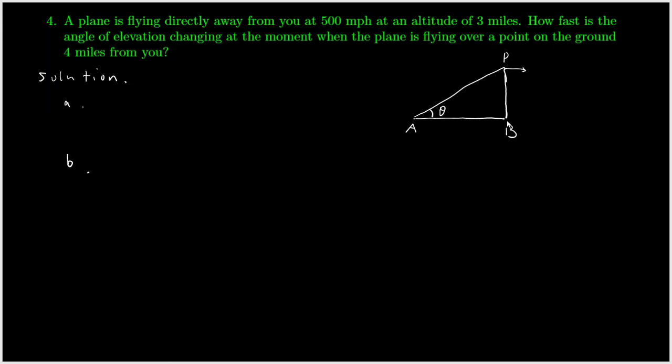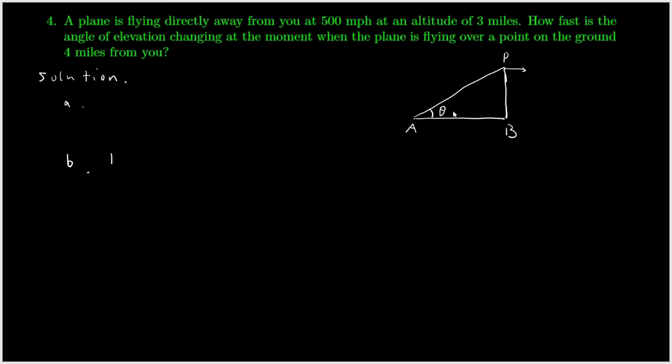So we need to introduce at least two variables representing the two quantities. One quantity is the line segment AB. We know the rate of change of AB is 500 miles per hour. And we are looking for the rate of change of theta.